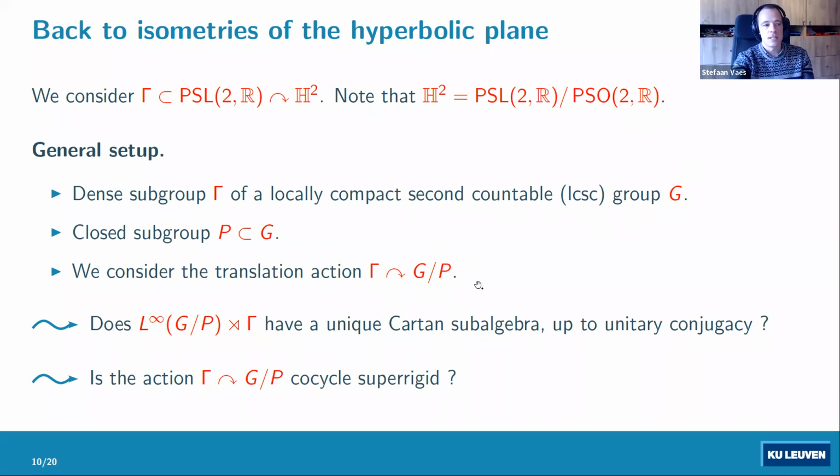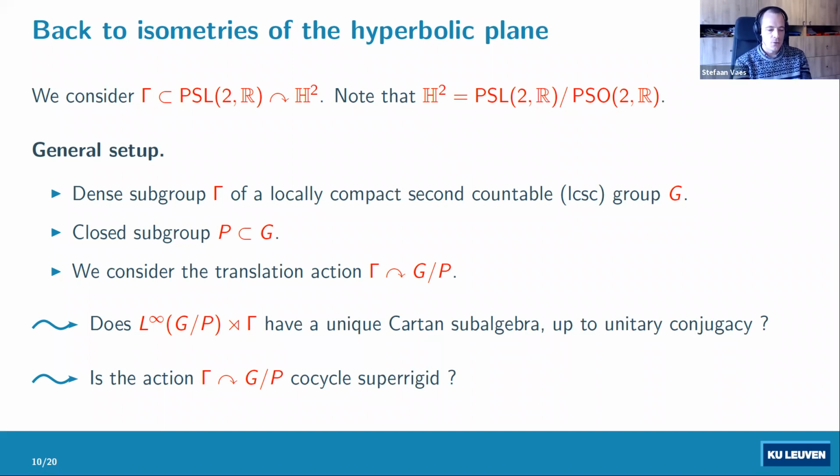And in each of these cases, it's a highly relevant question to say, can you prove that in this cross product, L infinity of G mod P is the unique Cartan subalgebra? Can you prove that such a translation action on a homogeneous space is Cocycle superrigid? And then in particular, what does it say on my specific example here?